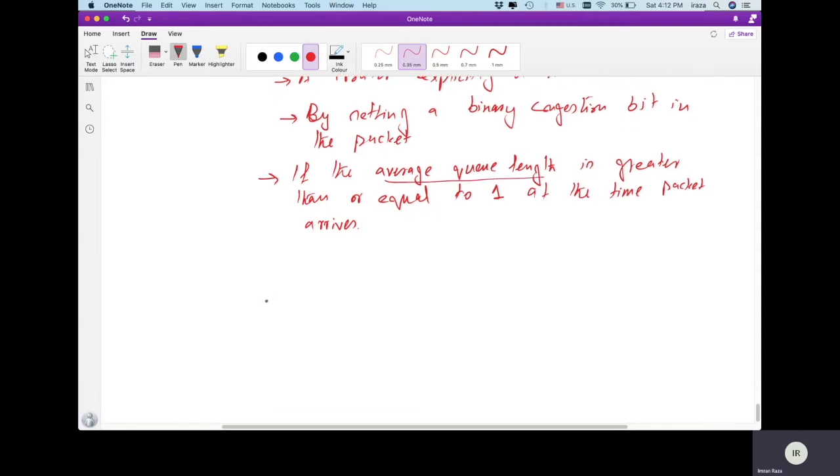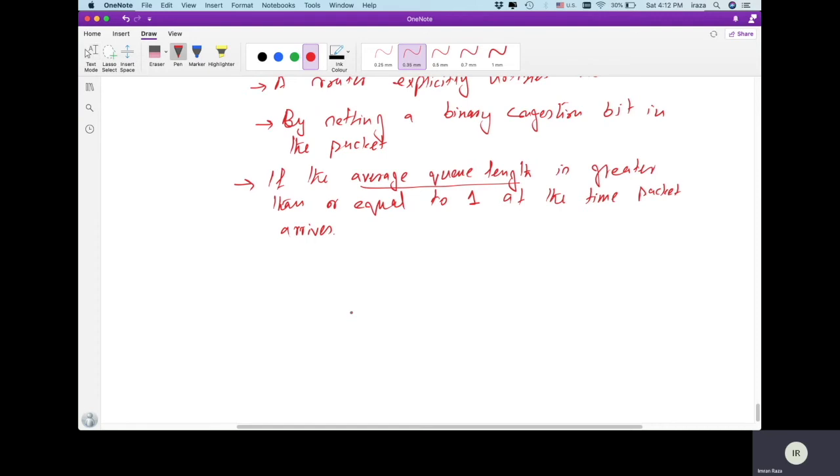Now let's try to understand this with the help of this diagram, where the queue length is represented as a function of time.